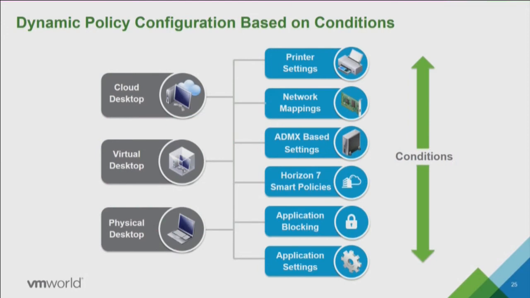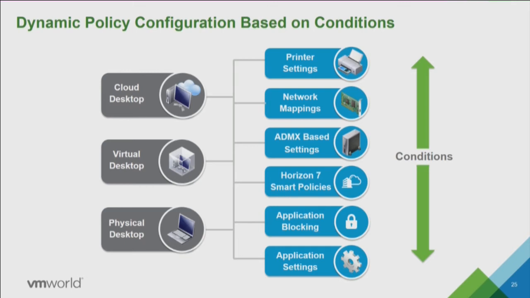Now, another thing that makes UEM incredibly powerful is you can evaluate the specific conditions of the system running the UEM client or agent. And based on those conditions, you can apply or not apply various kinds of settings, such as Horizon Smart Policies.